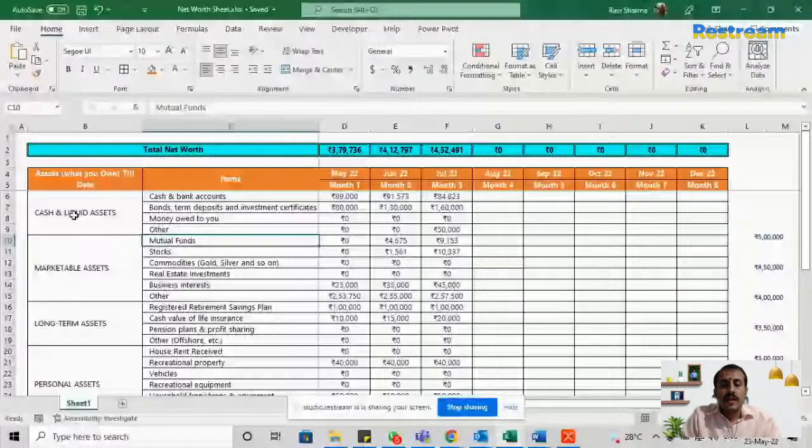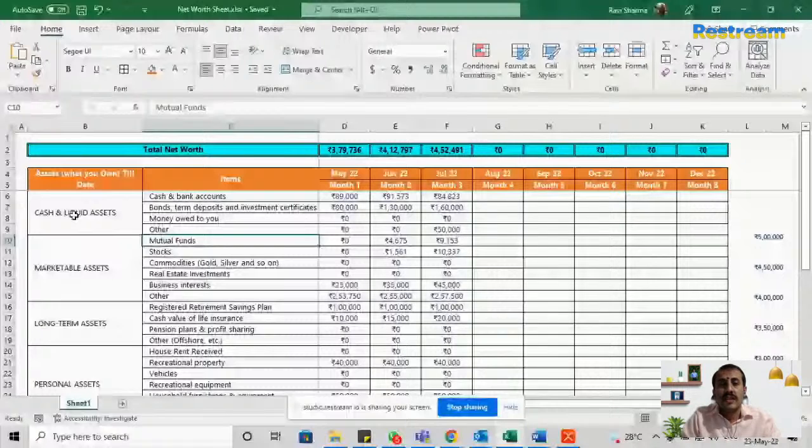The third type of assets are long-term assets. Long-term assets are assets which you will not be able to liquidate immediately. They are blocked for a few years, like more than 5 years or more than 7 years. The long-term assets are especially your retirement savings, and your life insurance, the premium you are paying, which you will not be able to surrender.